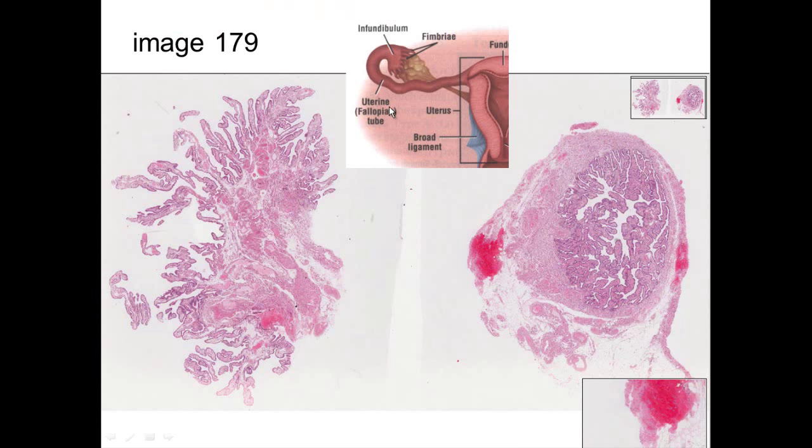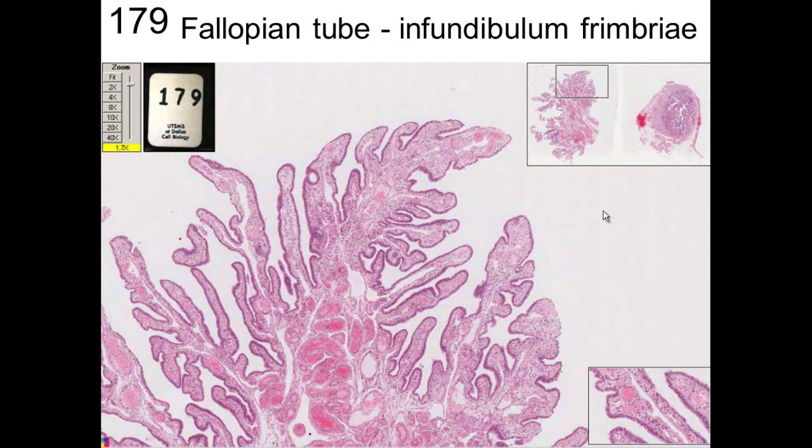And the fimbria of the fallopian tube, of the infundibulum, surrounds the egg and coaches the egg into the lumen of the fallopian tube. They have little fimbria type structures that project out through there, and they have ciliated cells that move the fluid toward the oviduct.